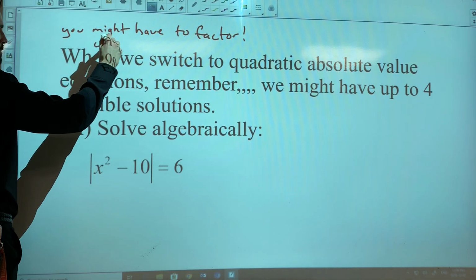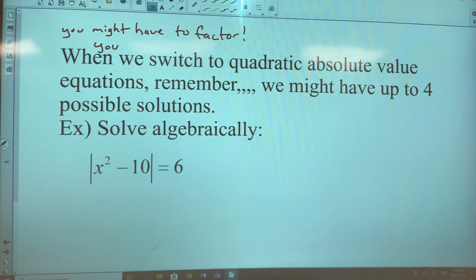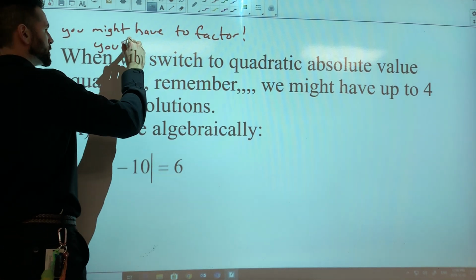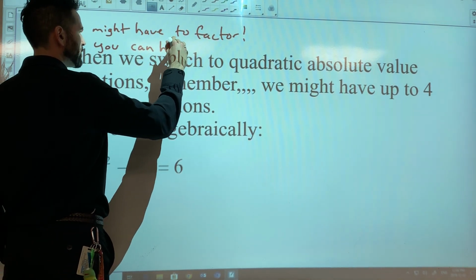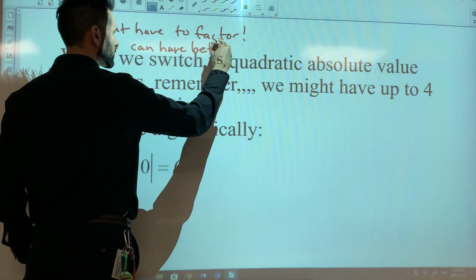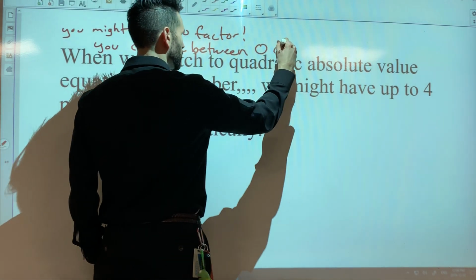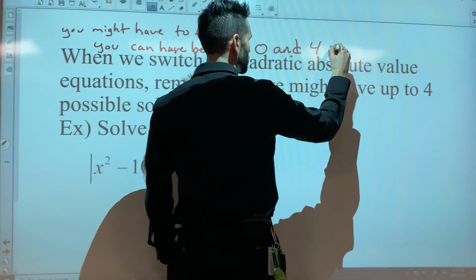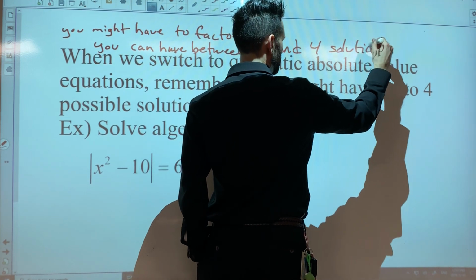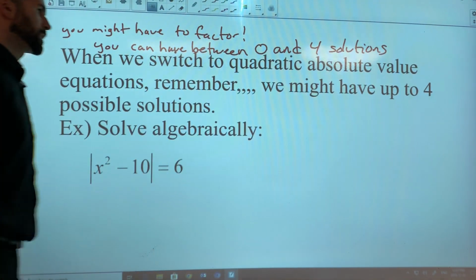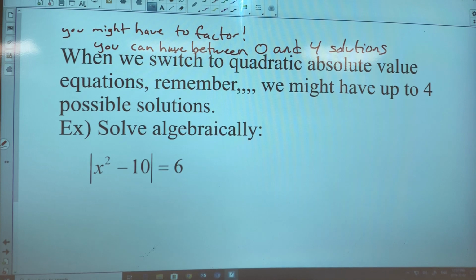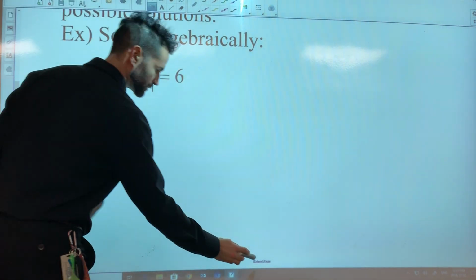Remember, when we graph the quadratic one, the maximum number of solutions you can usually have is 4. So you can expect anywhere between 0 and 4 solutions. So keep that in mind when you're doing a quadratic one. So let's do this one.